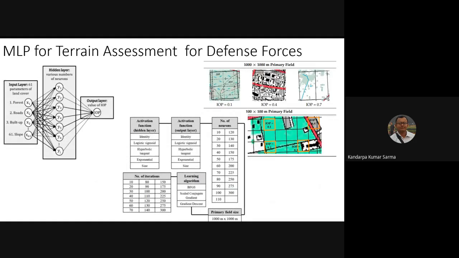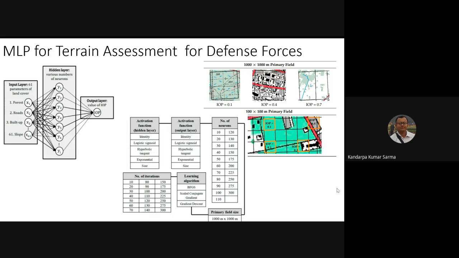Then our defense forces need lots of support, mainly to do work. They're in the fields. They're in the war. They're in different geographical locations to prepare for war or for defense of our countries.